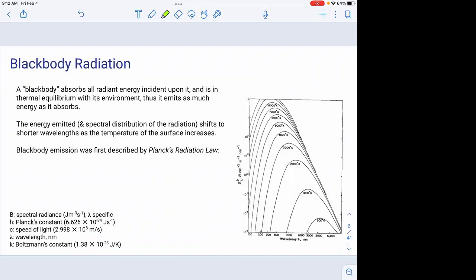All right, so blackbody radiation is a kind of radiation that is emitted. What we think about when we're talking about blackbody emitters is the light that these emitters put out as a function of temperature, right?